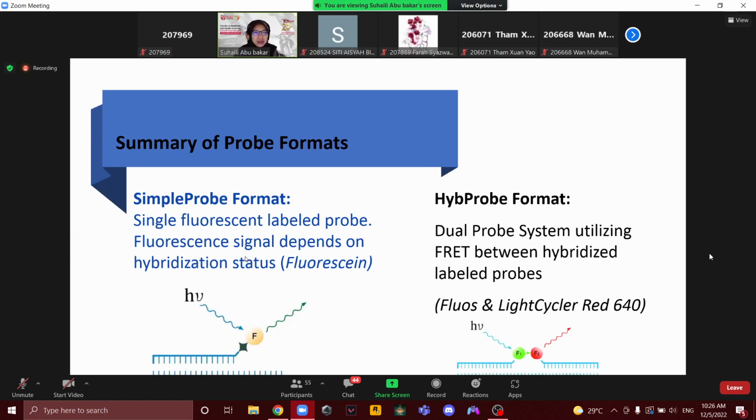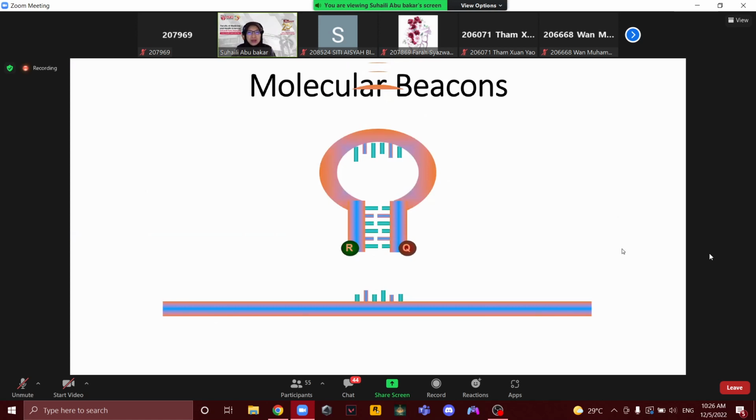However, in the hydrolysis, single probe only, single fluorescent label probe. Fluorescence depends on the hybridization status. Kalau ada hybridization, barulah fluorescent tu boleh naik. Tapi ada hydrolysis juga kat sini. So dual probe, dia guna dua probe. Simple probe, single fluorescent label probe saja. Itu je.